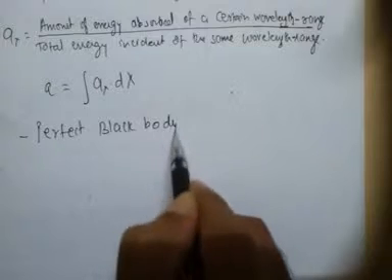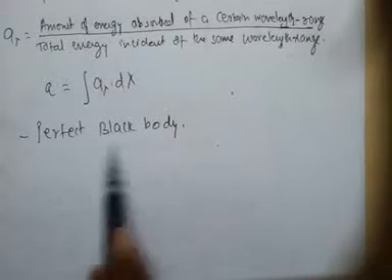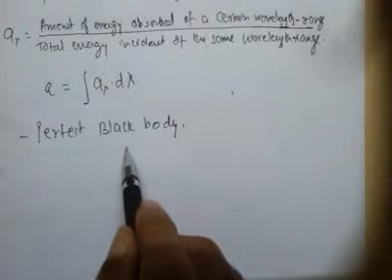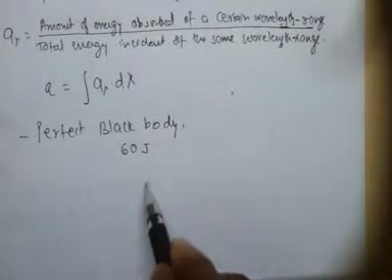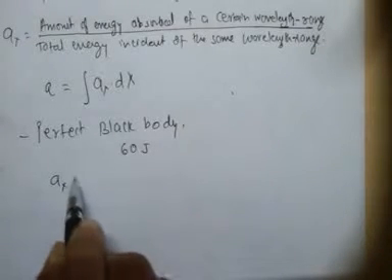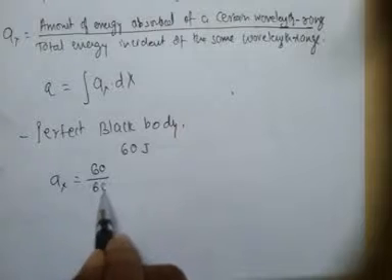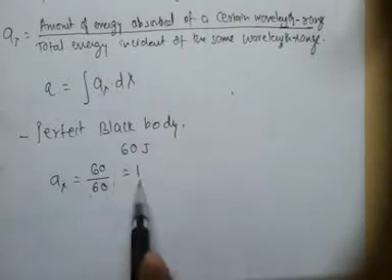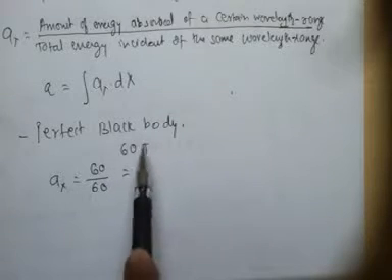A perfect black body is one which absorbs all the incident radiation falling on it. So if 60 joules of any particular wavelength is falling on it, it will absorb all the 60 joules, and therefore A lambda will be 60 upon 60, which is equal to 1. So the value of A lambda will be 1 for a perfect black body.